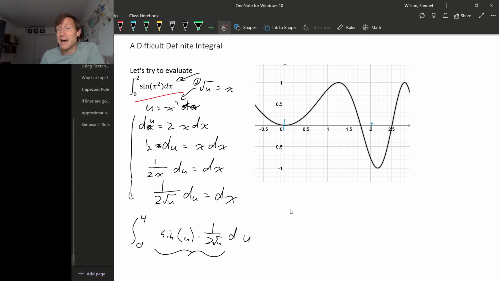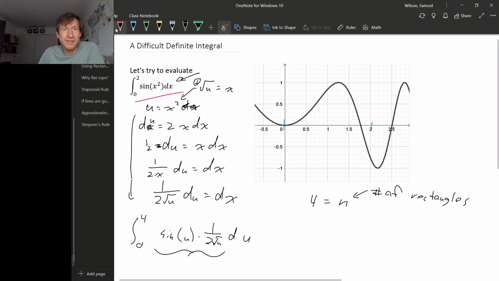If we decide how many rectangles we want to use, maybe 4 rectangles, let's use n for the number of rectangles. If we use 4 rectangles, that means we're going to break the interval from 0 to 2 into 4 pieces, like this.